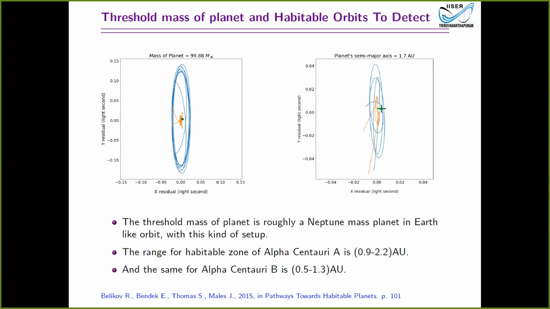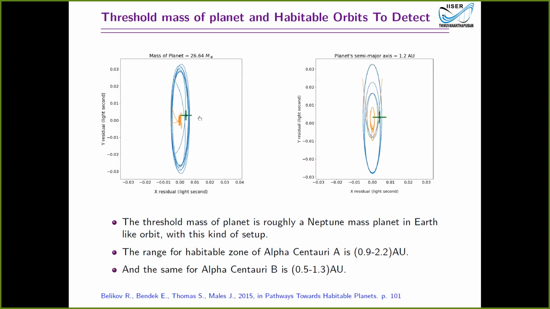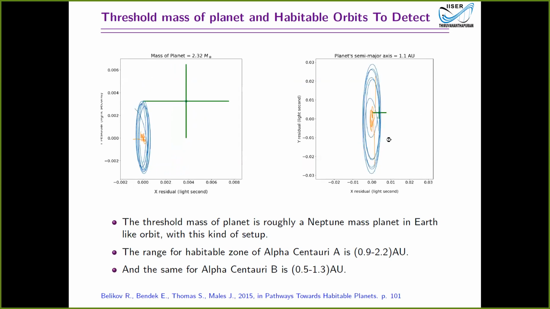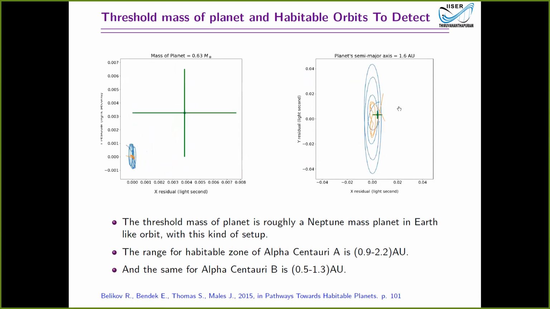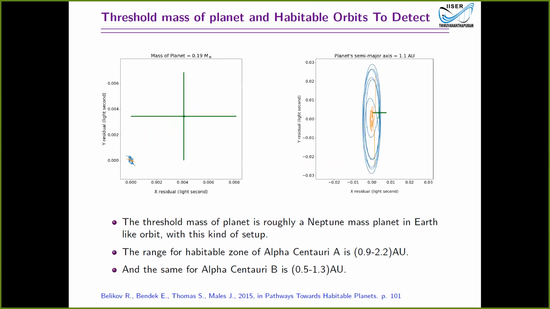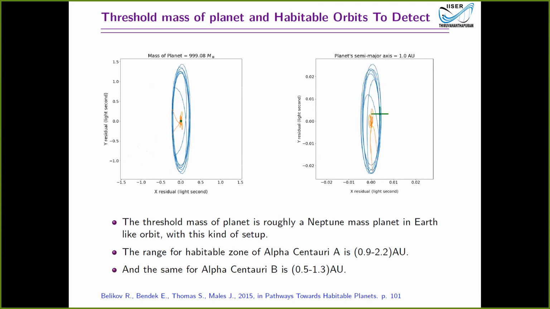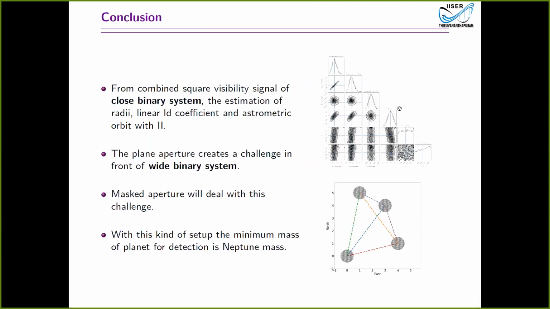To show the same simulation for different orbits with a Neptune mass planet, we have done the simulation in the right one. You can see here, and we estimate the period of each orbit for this Neptune mass planet. So we conclude that using this combined square visibility signal of intensity interferometry for a close binary system, we are able to estimate together the radii and linear limb darkening coefficients of both stars and also the astrometric orbit.